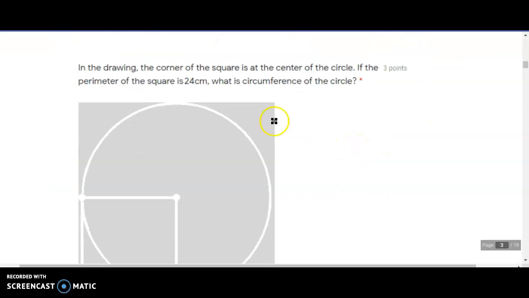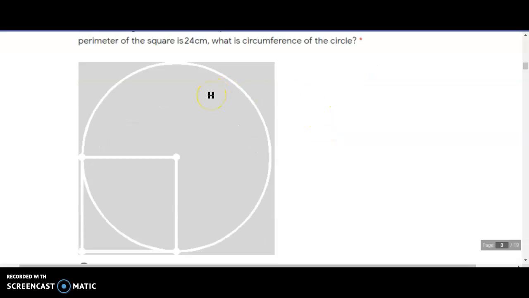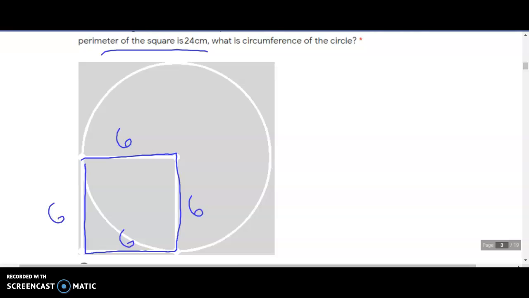Okay, in the drawing of the corner of this, so we know that this square has a perimeter of 24 centimeters. So since a square has all sides that are the same, if this has a perimeter of 24, that means that each side of this square must be 6, because 6 plus 6 plus 6 plus 6 equals 24. Now, they want to know the circumference of the circle. Well, if from the middle of our circle to the outer edge of our circle is 6, then that means that the radius is 6 centimeters.